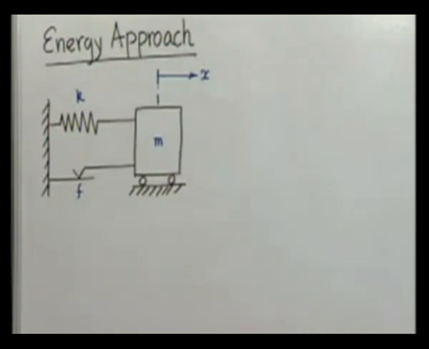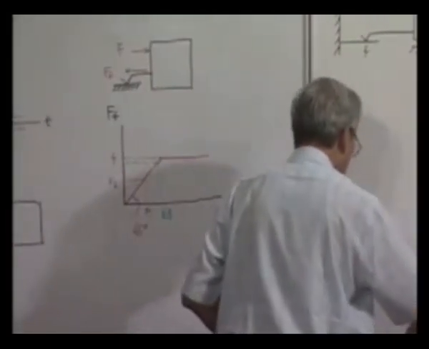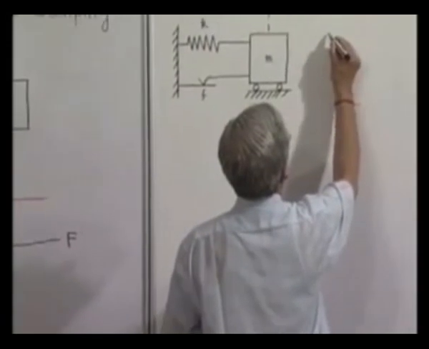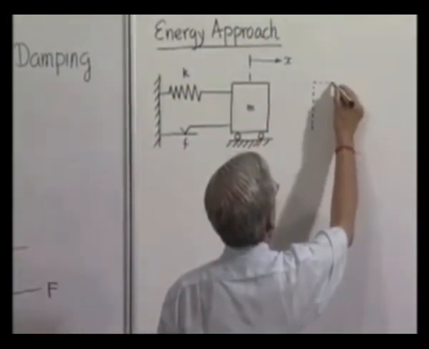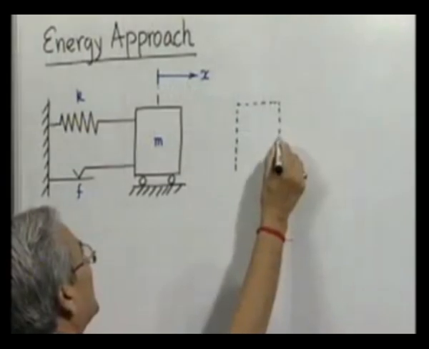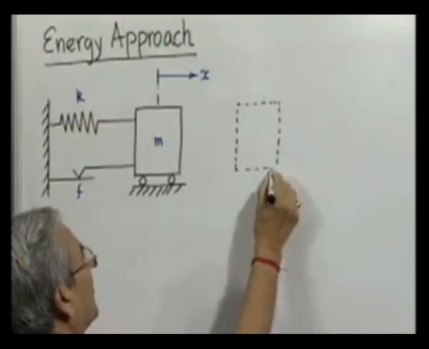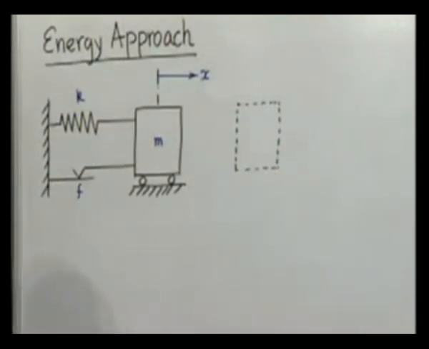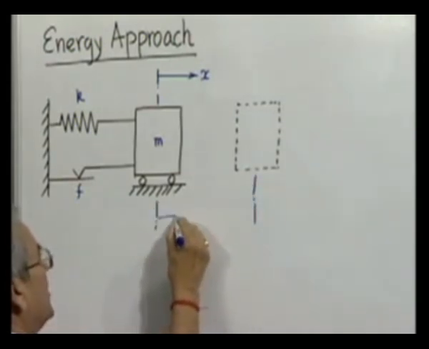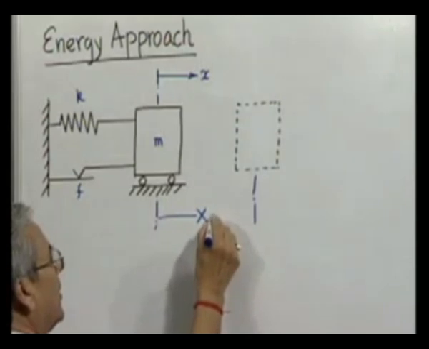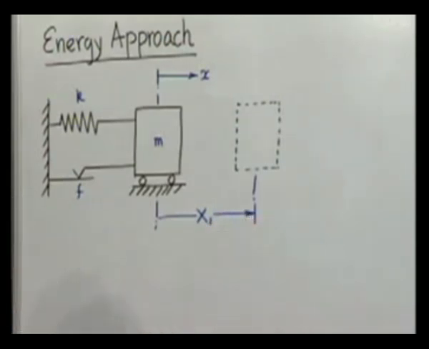Again we take up the same problem, that we pull this mass to a position here. And the displacement from the equilibrium position is capital X1, and leave it. Then what happens?